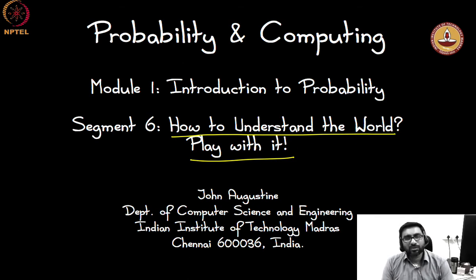Let's say we want to try and understand and build a probabilistic model of some system, but we don't know what the right model is. So what we do is we play with it. We repeat some experiment to try to understand what the model should be, and over the course of time we get a good sense of what the model should be, and that's the goal.